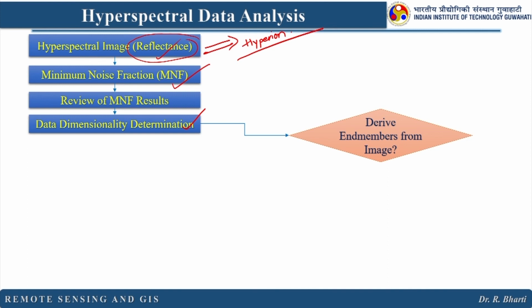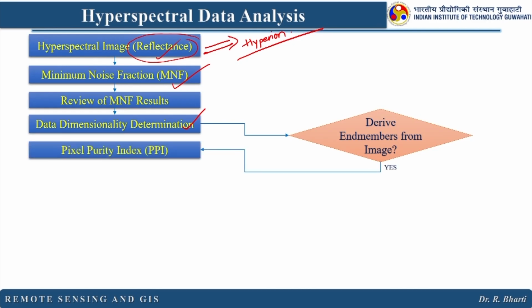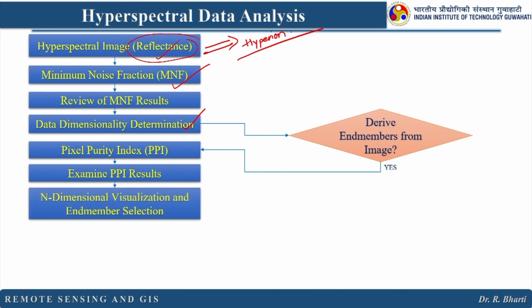So in case you want to identify the end members from the image, then for that you need to use the pixel purity index, and then you examine the result and plot them in n dimension, and n dimension is basically equal to your input number of bands. So whatever number of bands you have identified after data dimensionality reduction, that will be used to visualize these pixels in n dimension, and that will be helpful for identifying the end members.